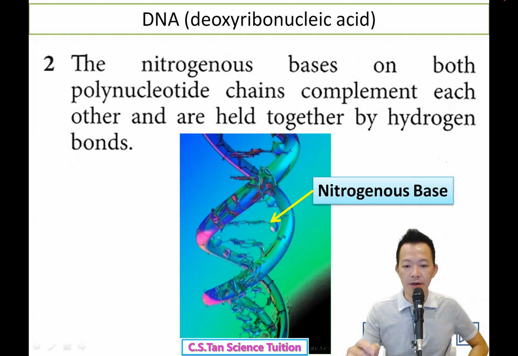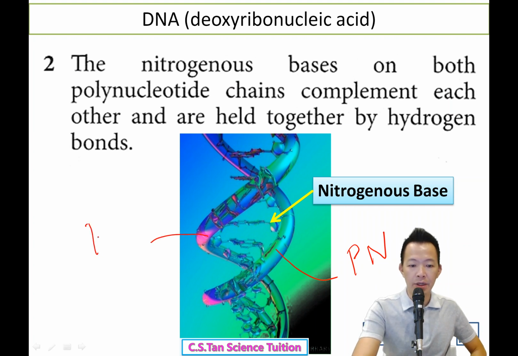什么意思呢？Okay, so this is one of the polynucleotides， 其中一条的 polynucleotide. And this is another polynucleotide， 另外一条的 polynucleotide.